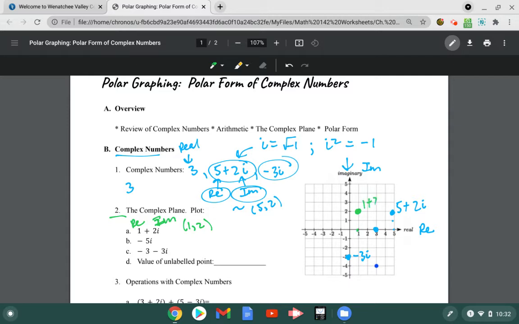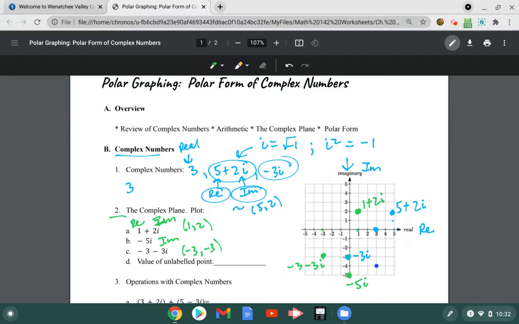So this is 1 plus 2i. -5i is purely imaginary, so it's just the -5 on the imaginary axis. And then finally, we've got -3 - 3i. This would be similar to the point (-3, -3), but plotted on our complex plane. So -3 in the real direction, -3 in the imaginary direction lines up right here.